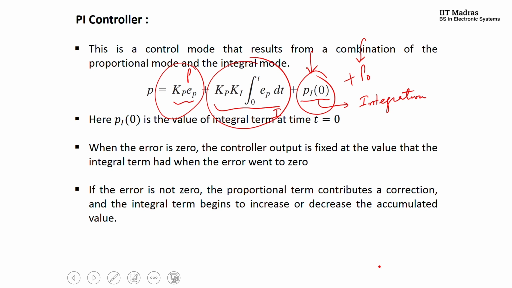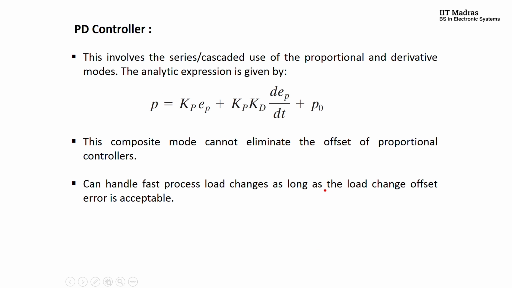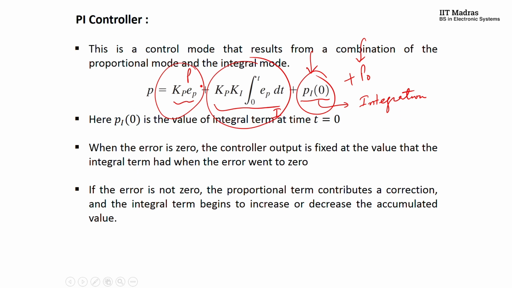Now let's go to the next composite control mode, which is called the PD control, wherein you combine the P control action with the derivative control action. Note very carefully here that the proportional gain is getting multiplied by KD. Of course, in the previous case also, you see that the proportional gain is multiplied by the gain KI of the integration.